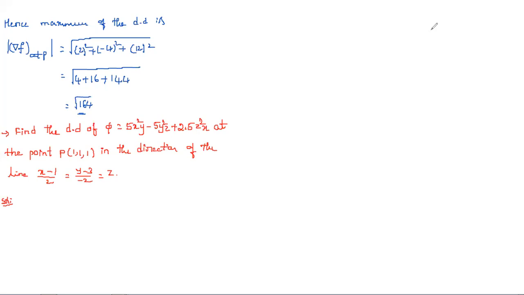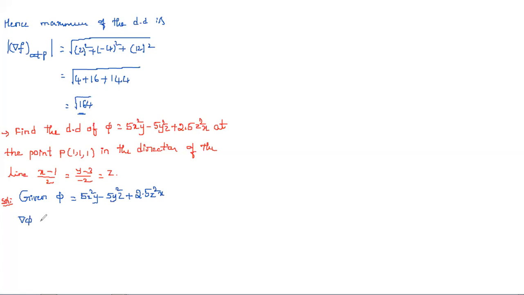So direction only they may ask in different ways. The first part is as usual: finding phi, del f and the point are all the same. Only finding the direction is different, and the last formula is also the same, right? Given that phi is equal to 5x squared y minus 5y squared z plus 2.5 z squared x, now we need to find del phi.